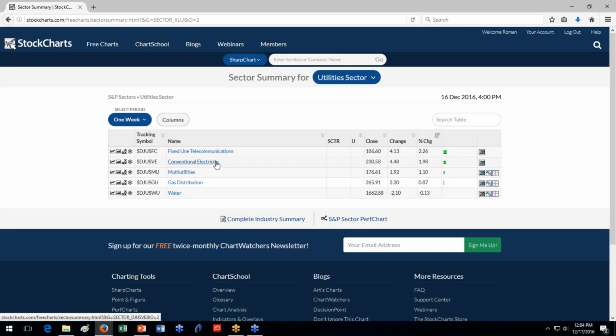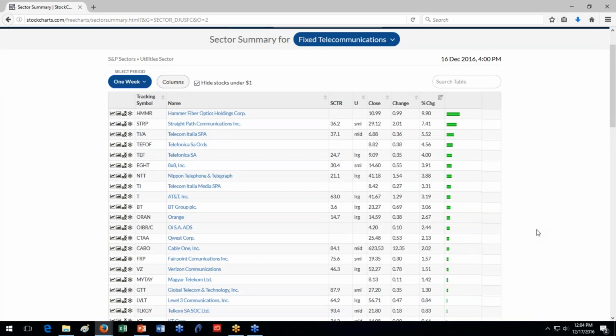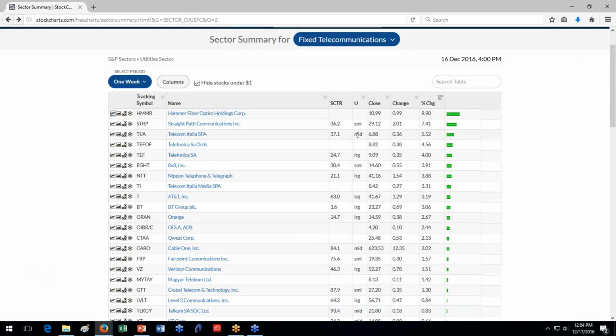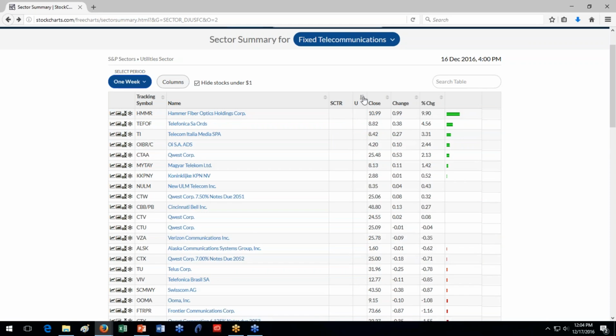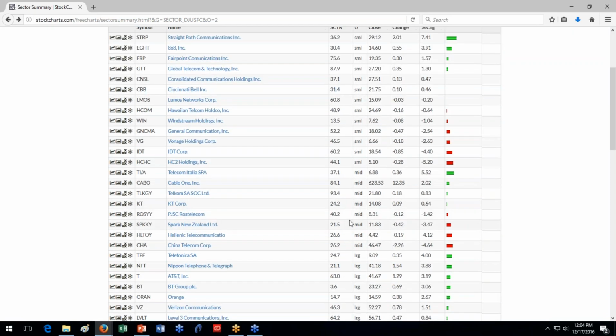So telecommunications, electricity, we would go and identify the stocks here that would be outperforming for the last week, and then just look at them from the structural point of view. So definitely not this one. We want to look at maybe a large mid cap. So let's go here.